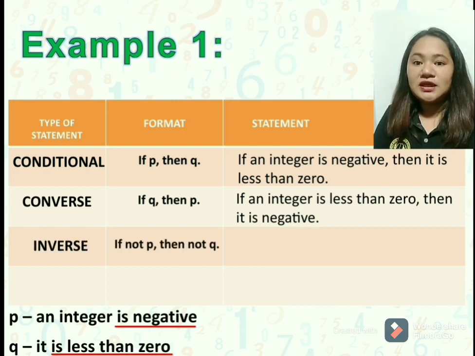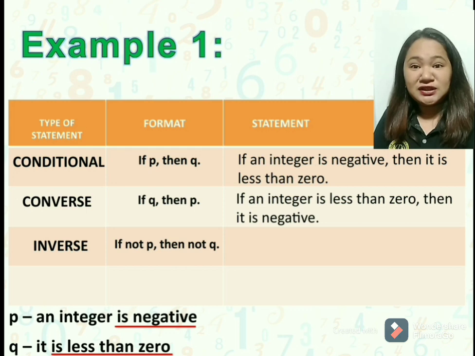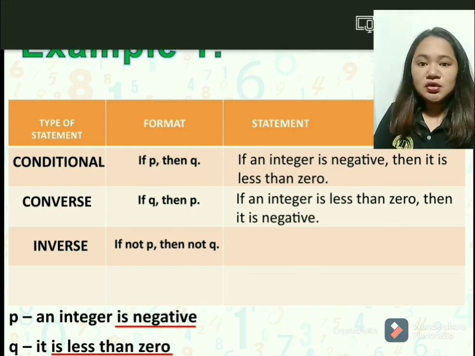Next, for the inverse statement, the format is, if not P, then not Q. We need the negation of P and the negation of Q. The negation of P is, not an integer is negative? No. Usually, you will put the word not after the linking verb or on the part of the predicate.